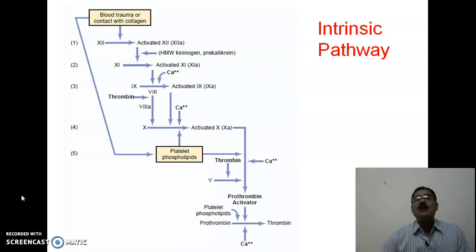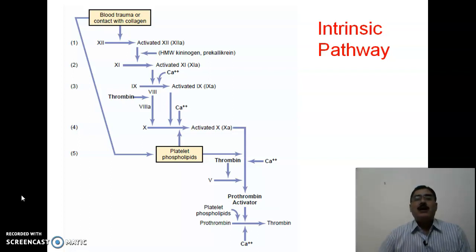So here you can see in the cascade that there is presence of activated factor number 8, activated factor number 9, and the calcium ion, and all these are involved in converting the factor number 10 to its active form.